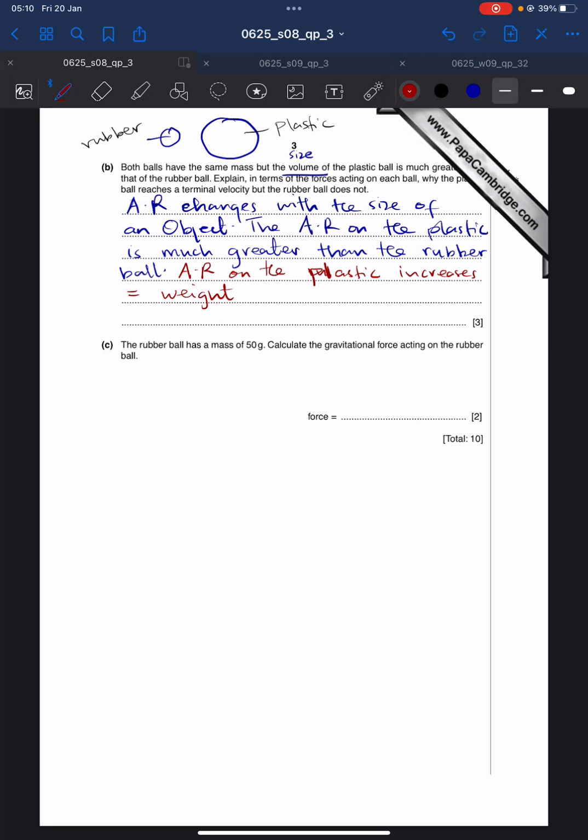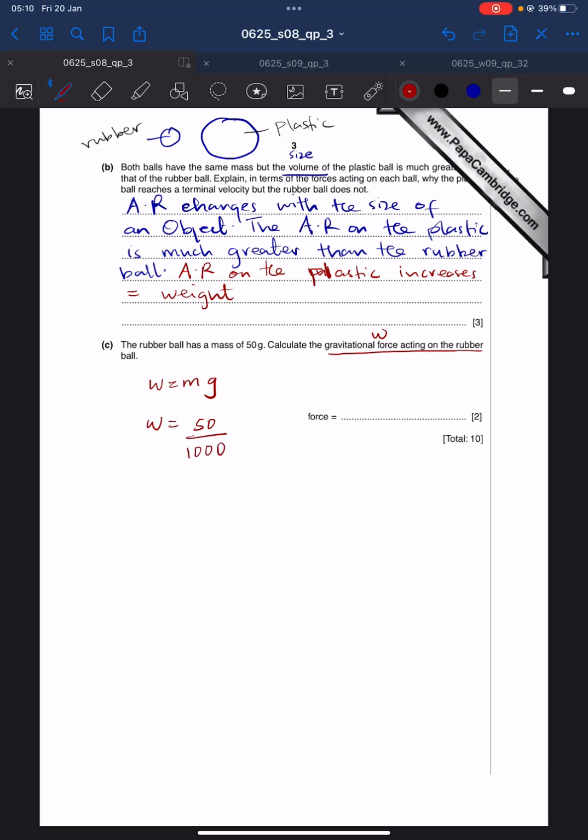The rubber ball has a mass of 50 grams. Calculate the gravitational force acting on the rubber ball. Gravitational force acting on the rubber ball, I told you, is another way where they just ask for weight. Weight equals mg. So weight equals the mass of this thing, which is 50 divided by 1,000.